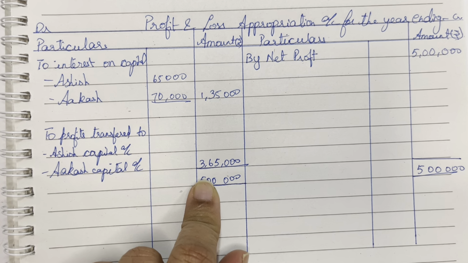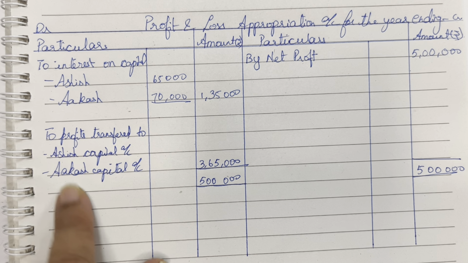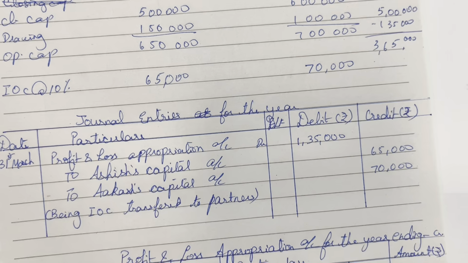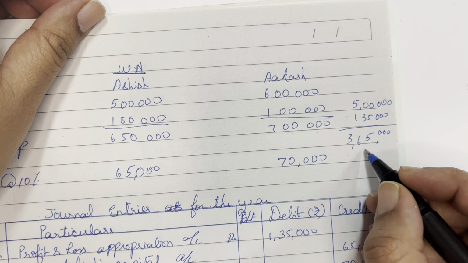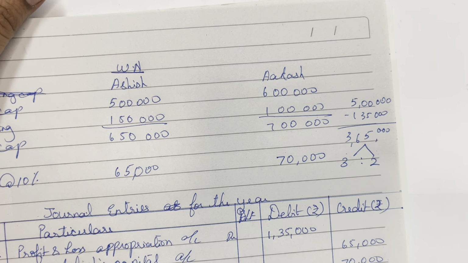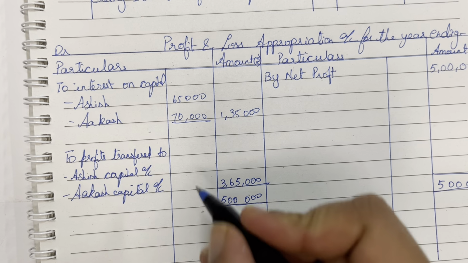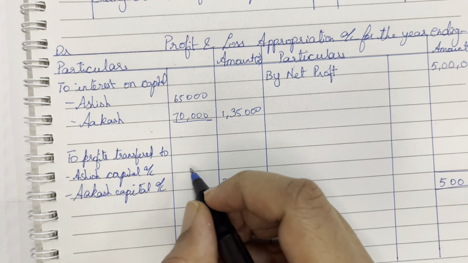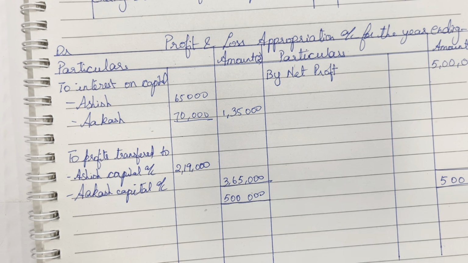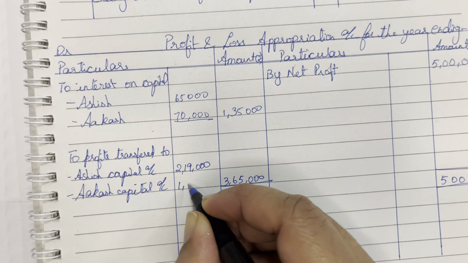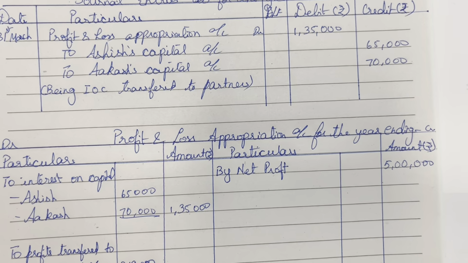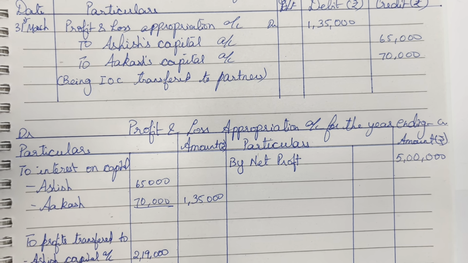Now this profit of 3,65,000 will be divided between the two partners, Ashish and Aakash, in the ratio of 3:2. So Ashish will be getting a profit of 2,19,000 and Aakash will get a profit of 1,46,000. With this, our sum comes to an end.